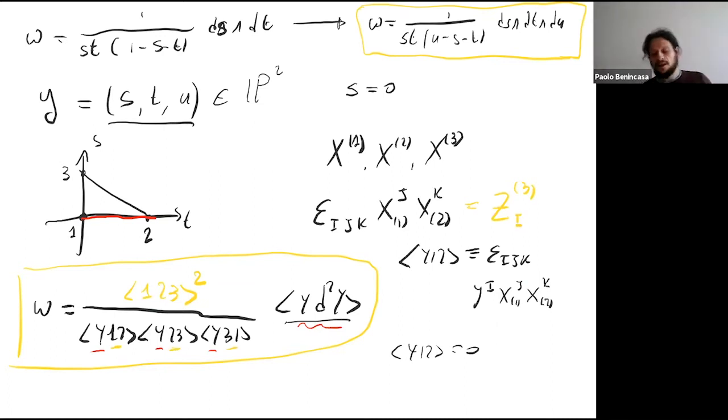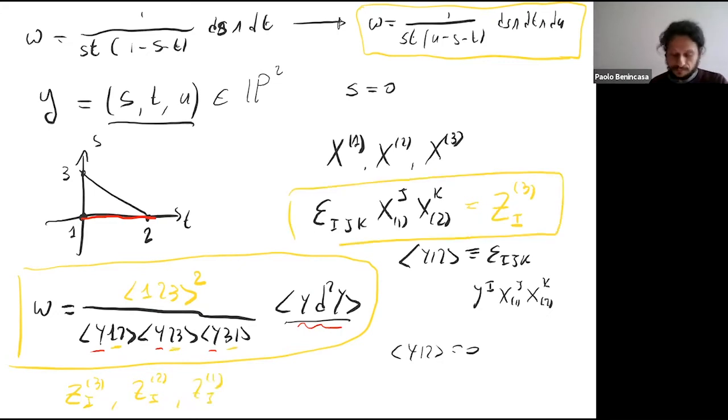Now, in the dual space, this vector doesn't identify a plane anymore, but identifies a vertex. So we have a set of three vectors, Z1, Z2, and Z3, which are defined in this way, which give you the vertices of a new polytope, which in this case is still a triangle.